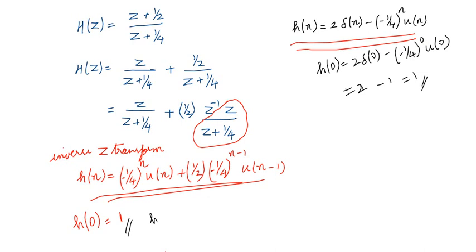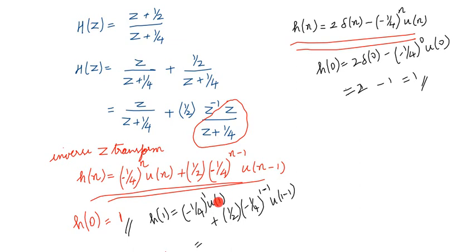Let me try for another value, h of 1. H of 1 means what happens? Minus 1 power n, u of 1, plus 1 by 2, minus 1 by 4 power 1 minus 1, u of 1 minus 1. In place of n, I am putting 1 now. Now we observe what is u of 1?